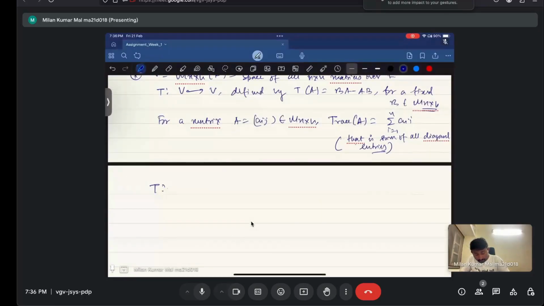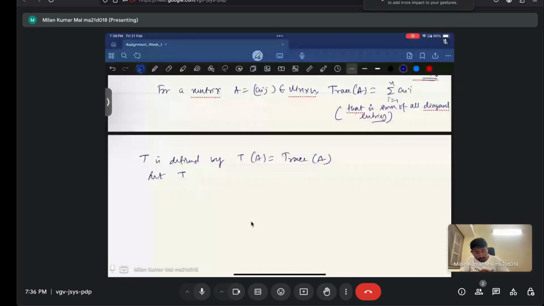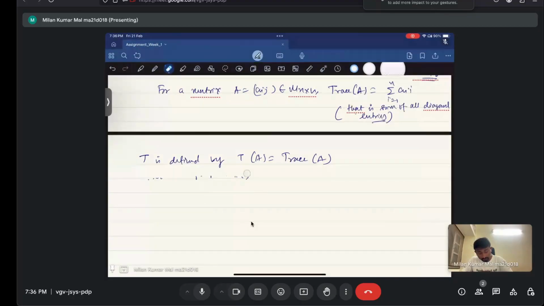Then it is asked to find the T transpose of f.